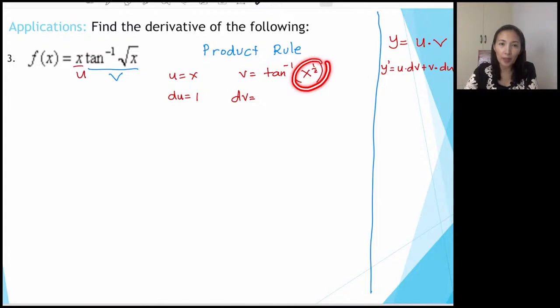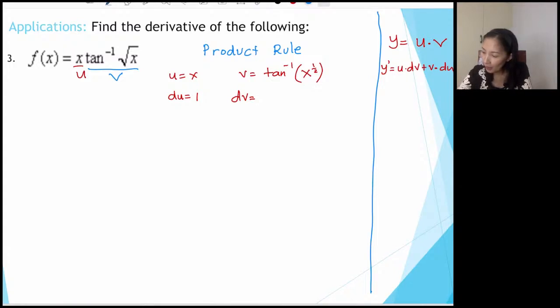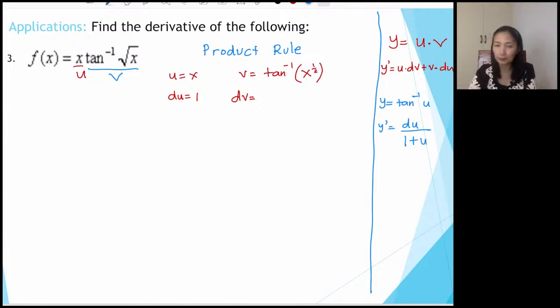So, we have to apply the general form, which is du over 1 plus u squared. Let me write that also here. So, we will have a guide. If your function is y equal to arctan of u, then y prime is equal to du over 1 plus u squared.